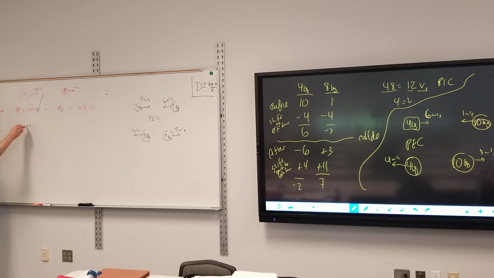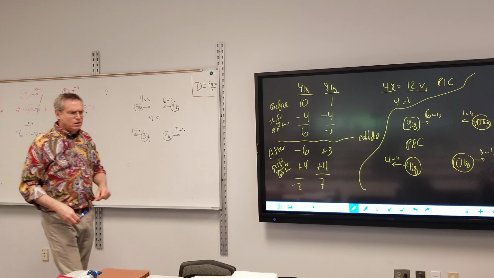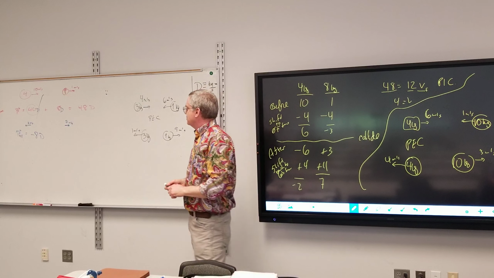Afterwards, this was going to the left at 2 meters per second, and this was going to the right at 7 meters per second. What is the momentum of the 4 kilogram mass after the collision? Negative 8. And the momentum of the 8 kilogram mass after the collision? Positive 56.